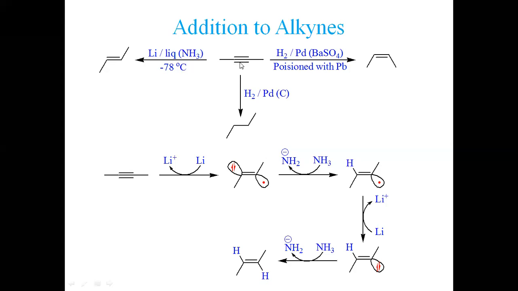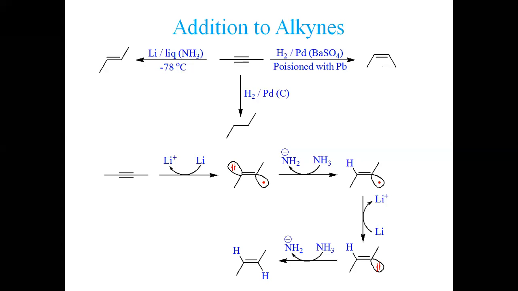If we are interested in the cis double bond, this is formed, but it forms and then converts into this. But if we are interested to stop the reaction here, then we can do it.